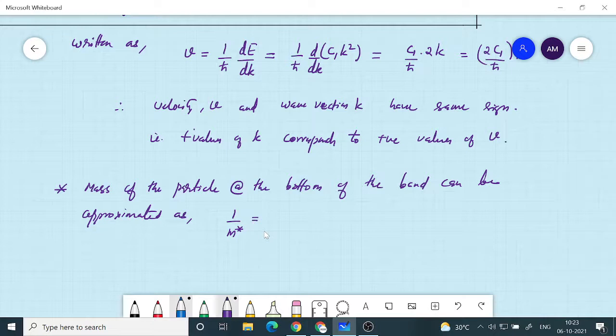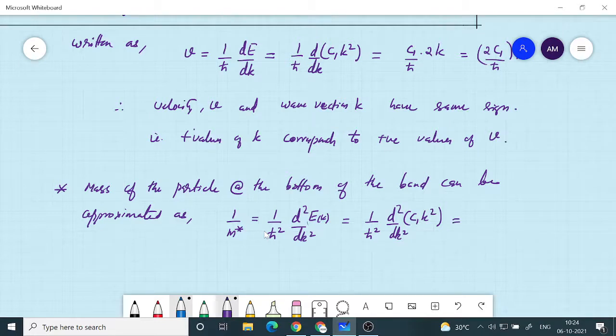So it is going to be equal to 1 by h cut square, the second derivative of E with respect to k. Let me write one more step. E is a function of k, and that is equal to 1 by h cut square d square by dk square of c1 k square.